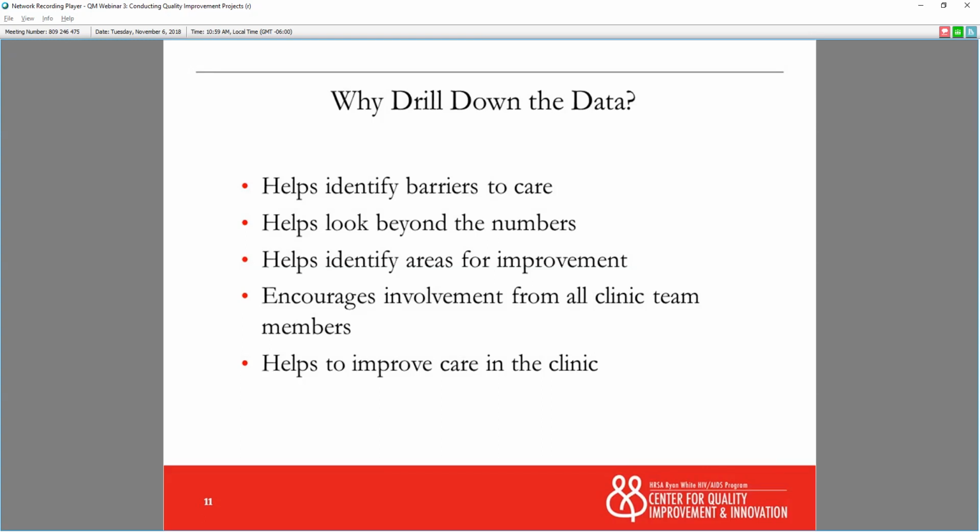In a lot of organizations, there's a quality team, right? And no matter what you call it, they're responsible for setting quality priorities. They're responsible for looking at the data. They're responsible for looking at the quality management plan and making sure you're on task with that.